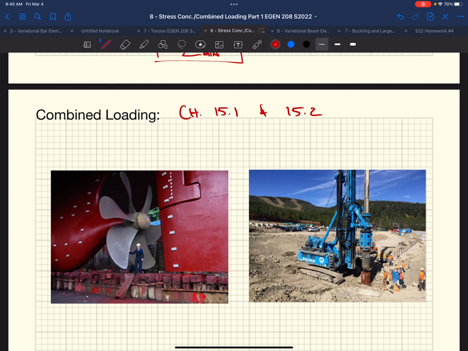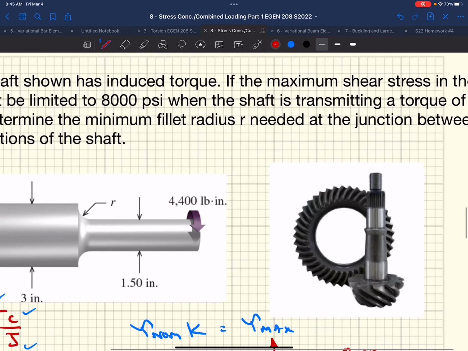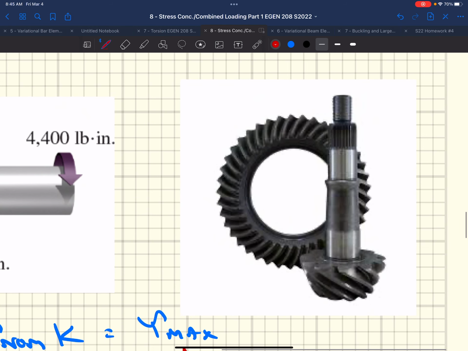If we look at the real world, like that pinion gear, for instance. This pinion gear has a worm gear on it, right? And as that worm gear is rotating, that pinion gear not only has torsion on it, but because of the way these gears are shaped, there's actually a thrust on this pinion gear. This pinion gear actually wants to move in and out of our differential, and so we have to restrain that.